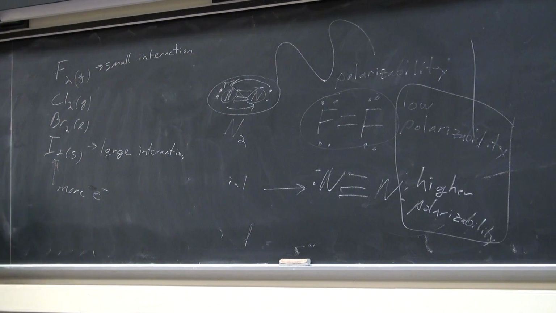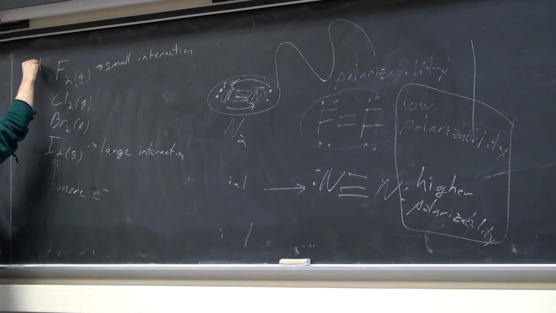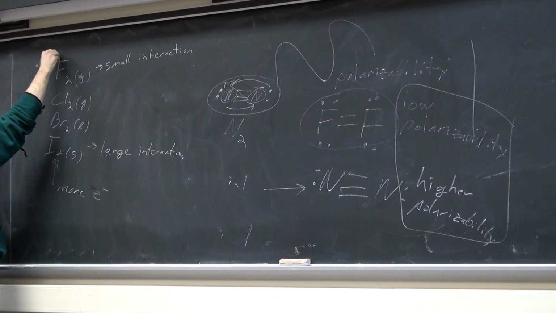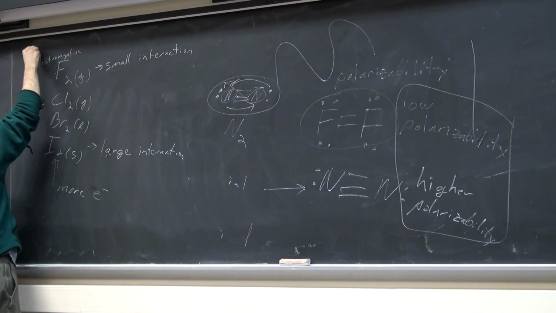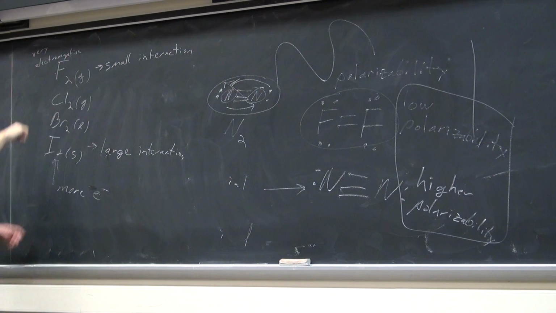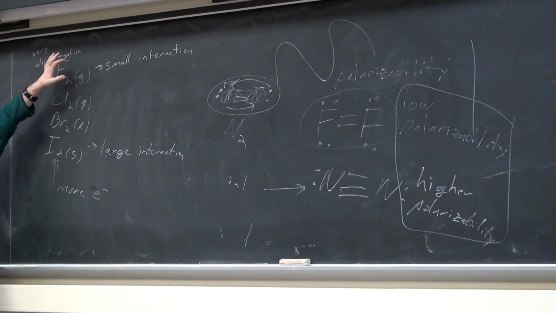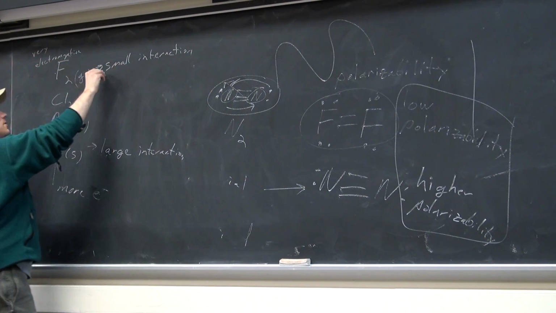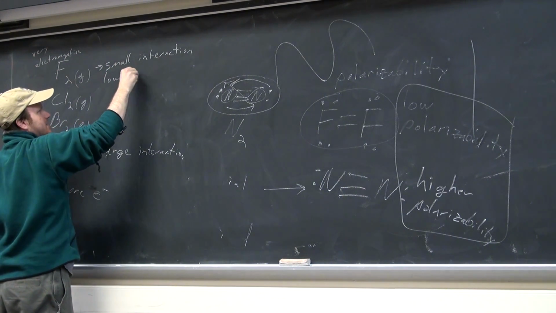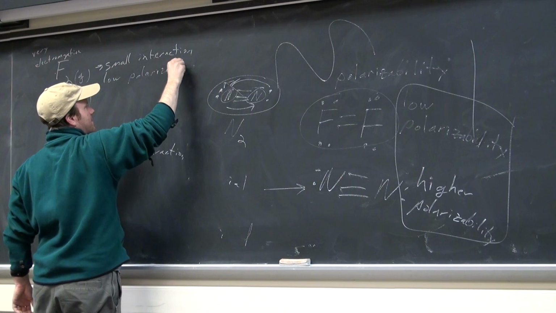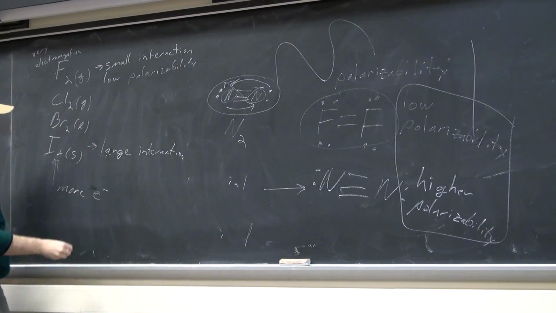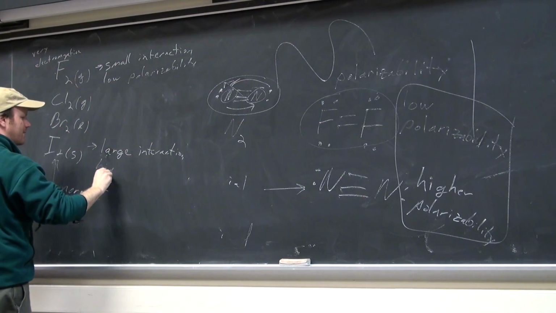Very electronegative, right? So this one holds on to its electrons tightly, and there aren't many of them, and so this has low polarizability. And this one has high polarizability.